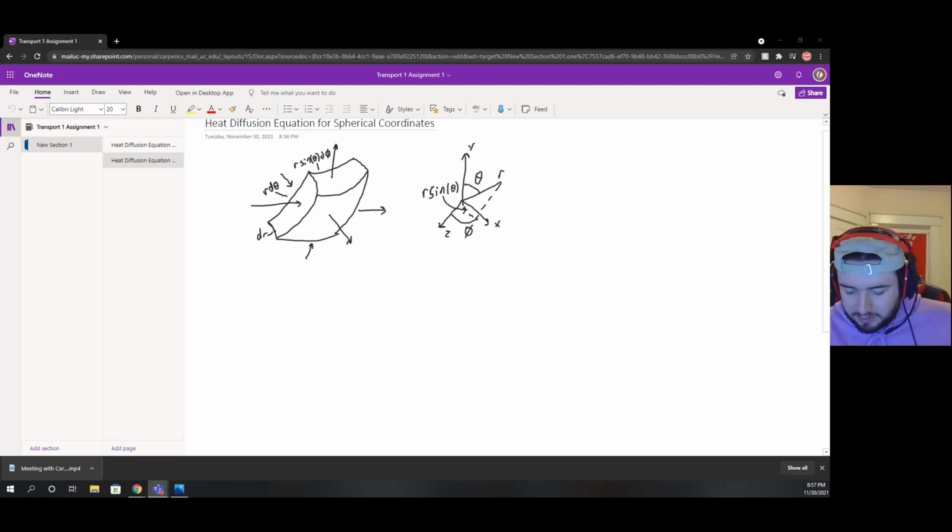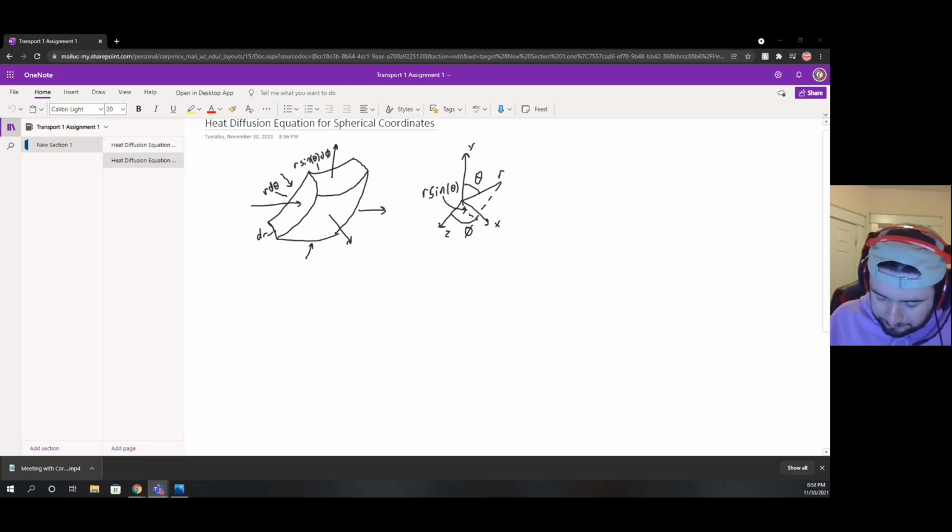These values will help us determine our volume dimensions and our heat flow values.